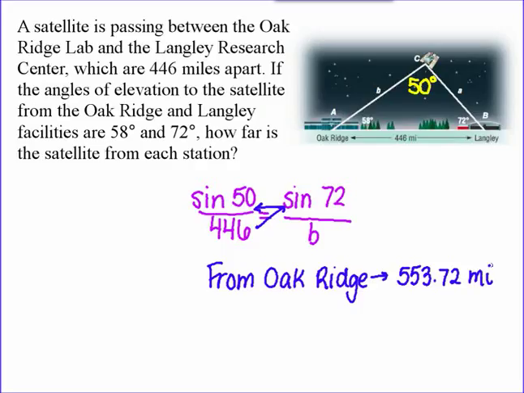Okay. Now what we need to do is find the exact same thing from Langley. So what's going to change in my problem? Sine of 72 will now be sine of what? Sine of 58. So go ahead and do that. So from Langley, how far is it? 493.74.